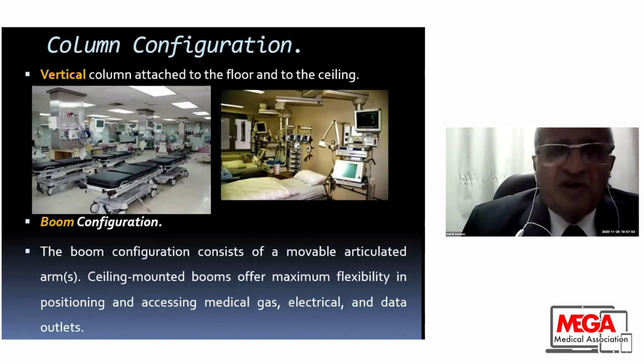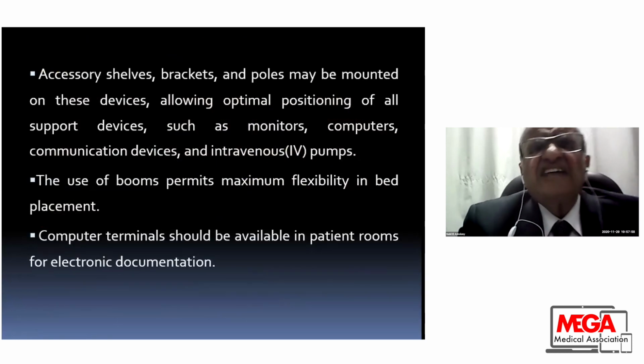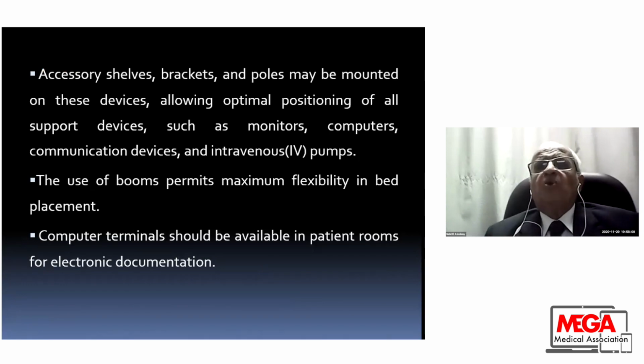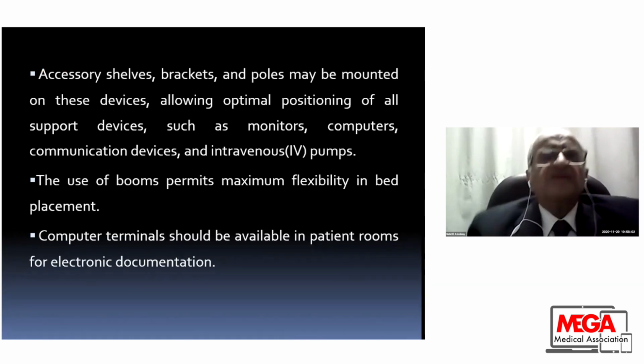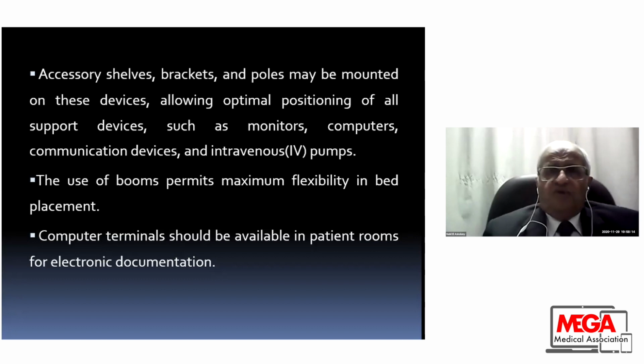So the boom configuration is the best. Accessory shelves, brackets, and poles may be mounted on these devices, allowing optimal positioning of all support devices, such as monitors, computers, communication devices, and intravenous pumps. The use of booms permits maximum flexibility in bed placement.